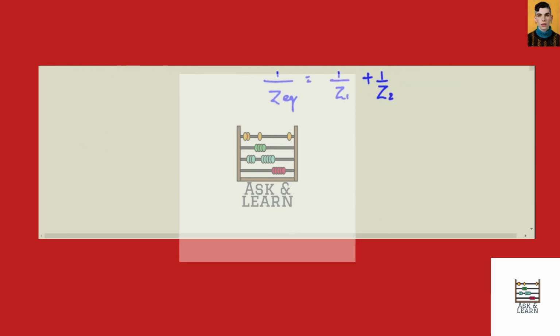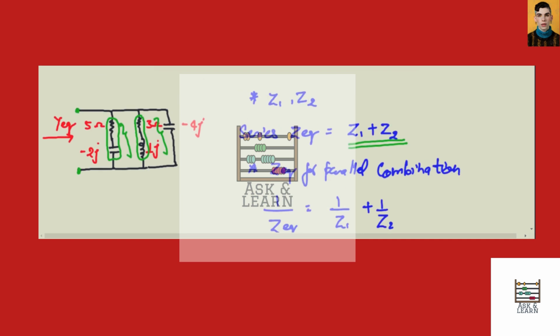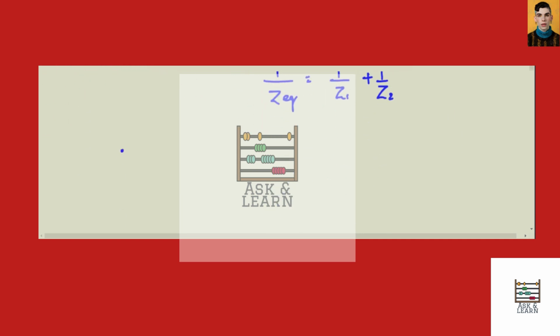The equivalent circuit will look something like this. This is Z1, and this is Z2.